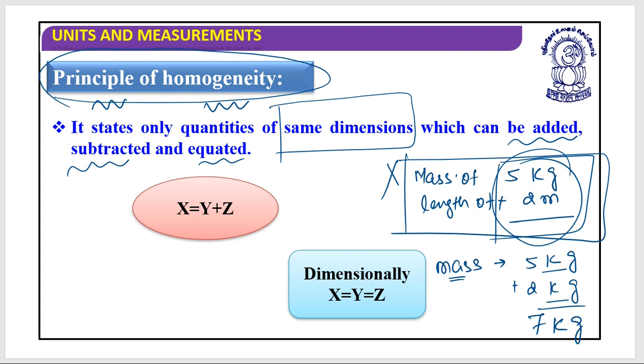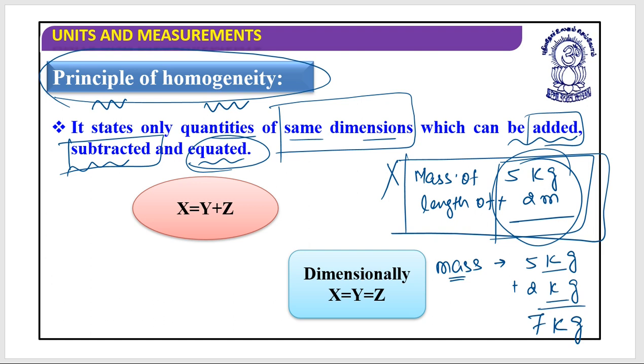They said, now again read this, only quantities of the same dimensions can be added, subtracted and equated. So if I say in an opposite sense, if any two quantities are added, subtracted or equated, they must have the same dimensions.